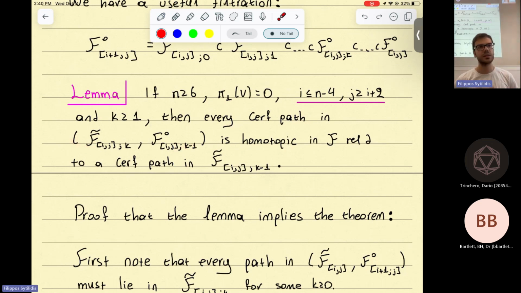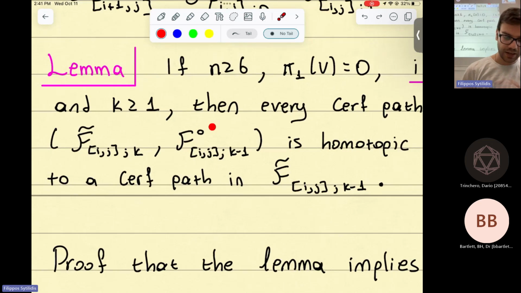here, so what are Cerf paths here? I start with excellent Morse functions in F I j 0 with at most k minus 1 critical points, and I have a path where the indices still remain within I and j, but within the path I will have at most k critical points.